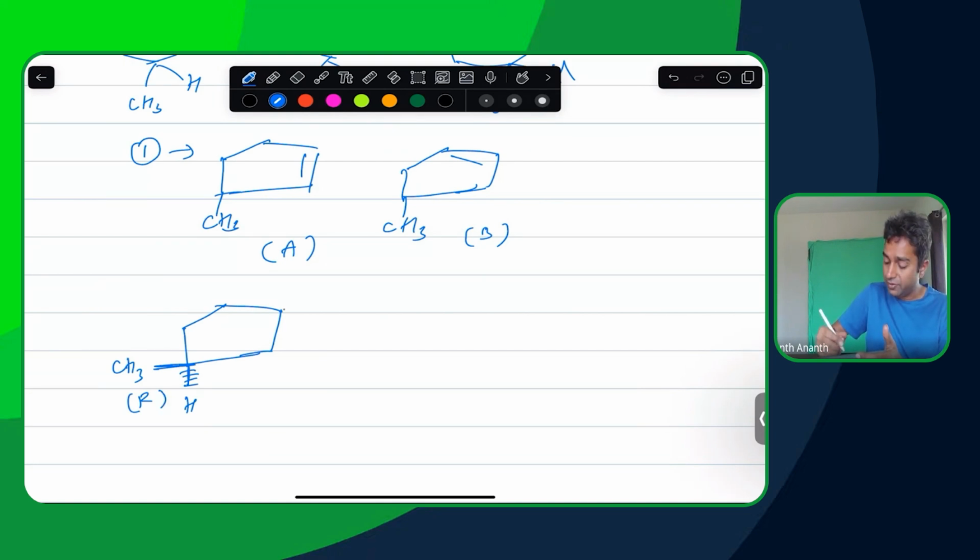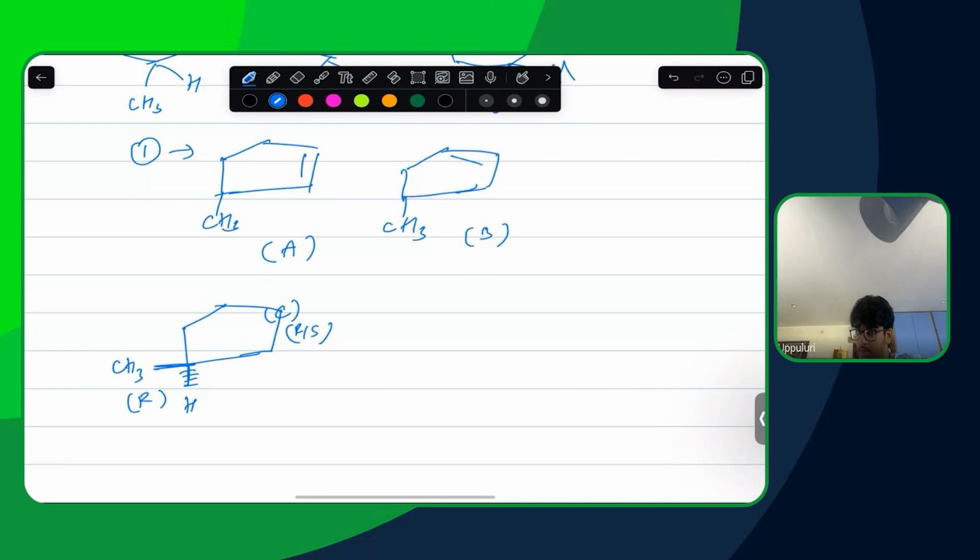At this location where the bromine is present, I will get R and S. So will I be getting enantiomers or diastereomers? Diastereomers. RS and RR. So I'm going to be getting RS and RR there, which means I'll be getting diastereomers. That means one is out.